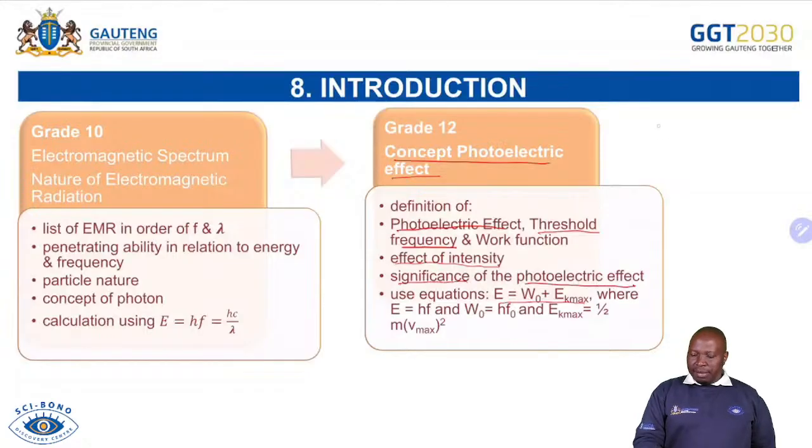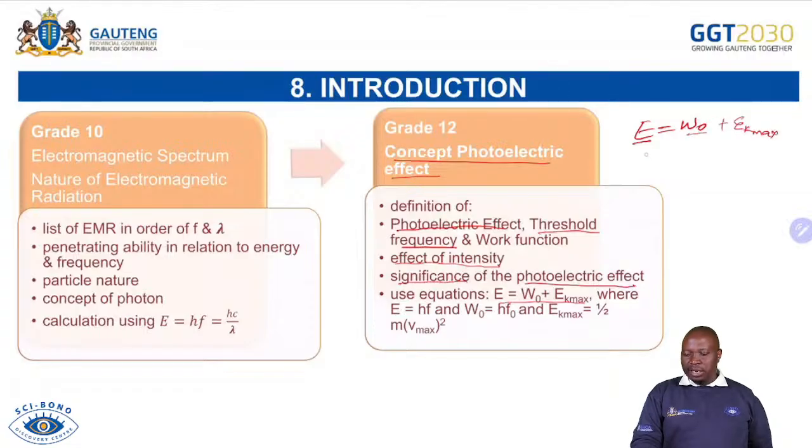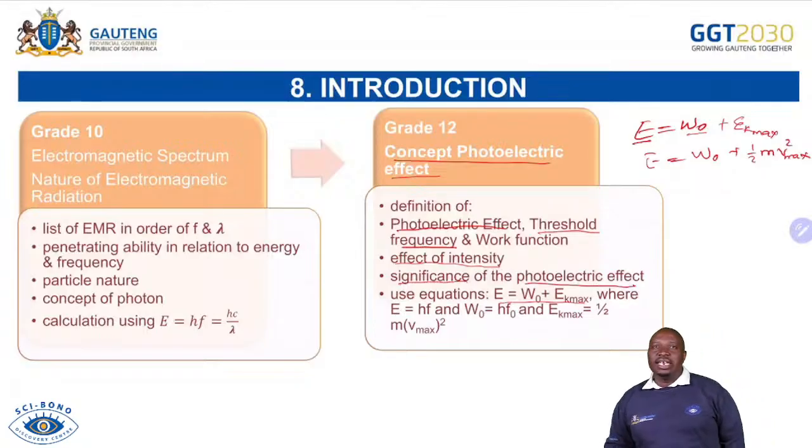Remember, the energy of a photon is equal to the work function plus EK max. We can even expand EK max and say work function plus half mv squared. But don't forget, it's the maximum speed of that electron.